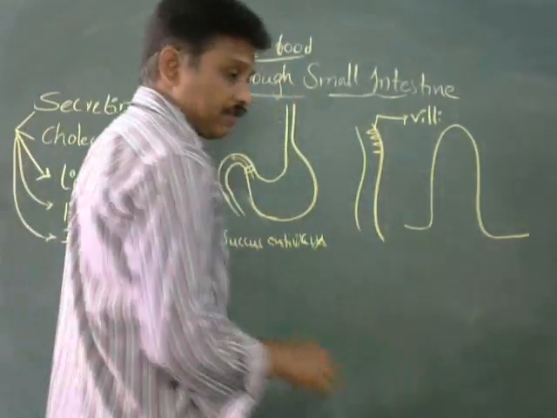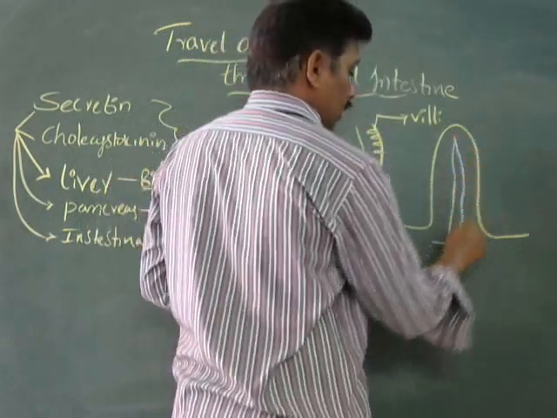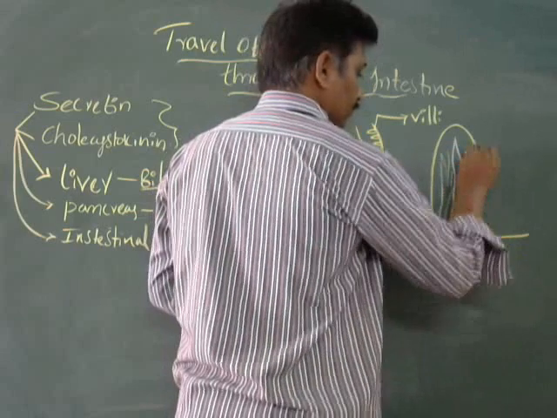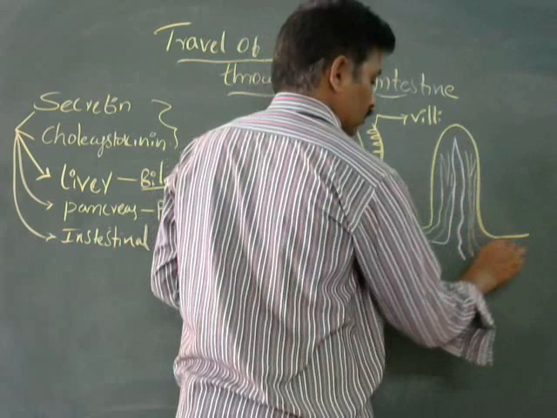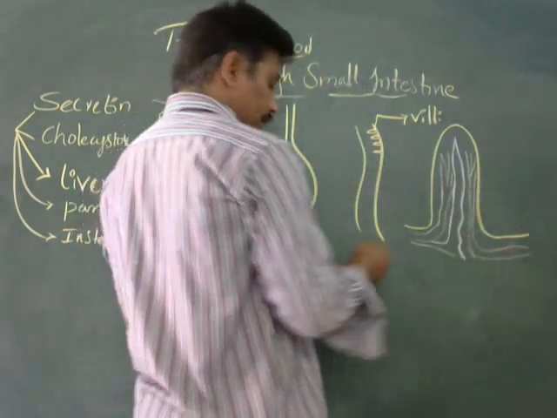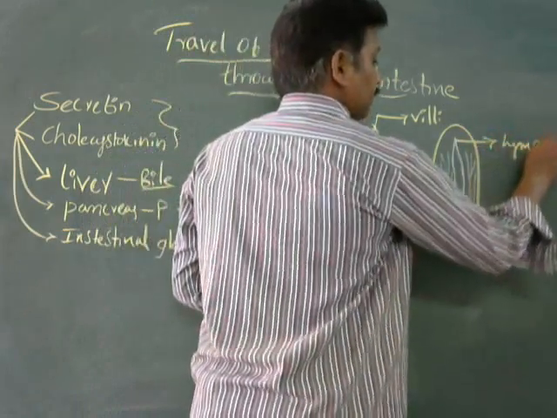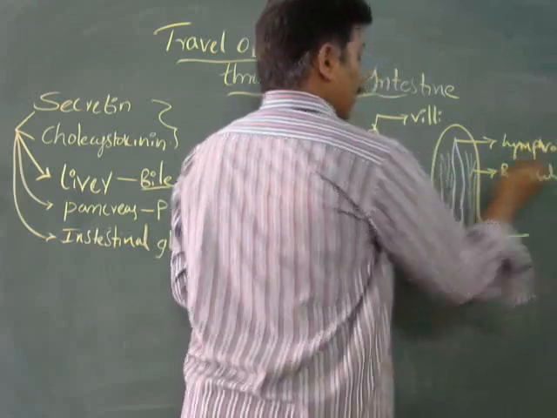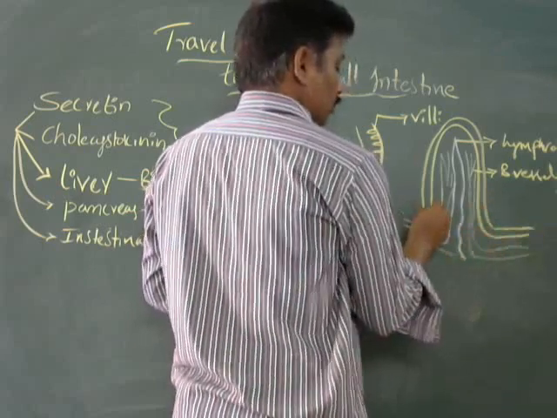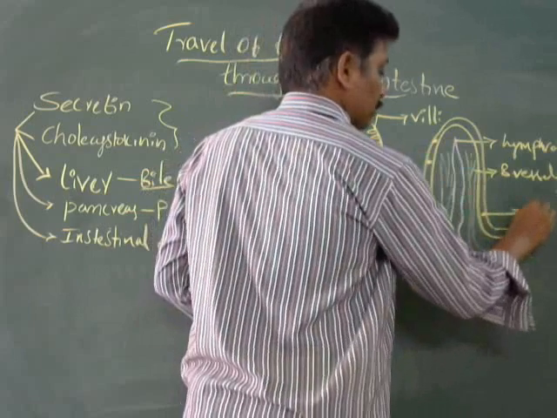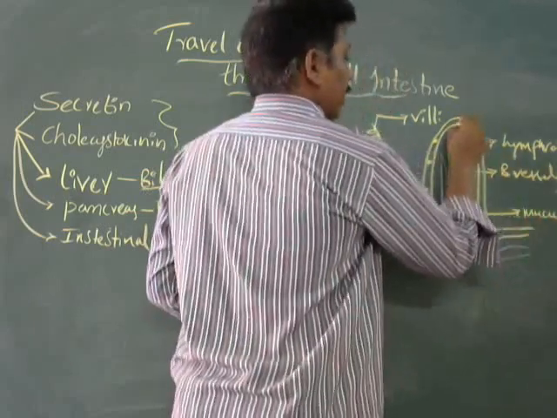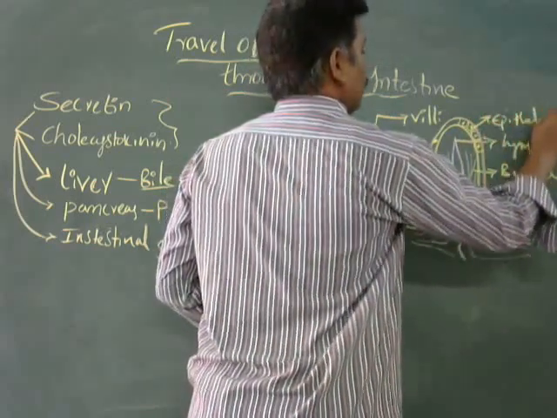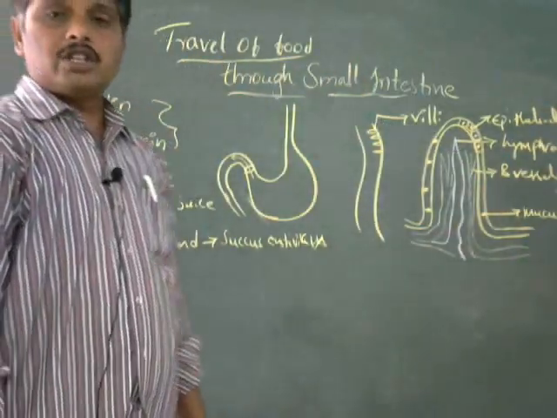It has connections with lymph vessels and blood vessels, and it consists of mucus glands here and there, which produce mucus. It is covered by epithelial cells.